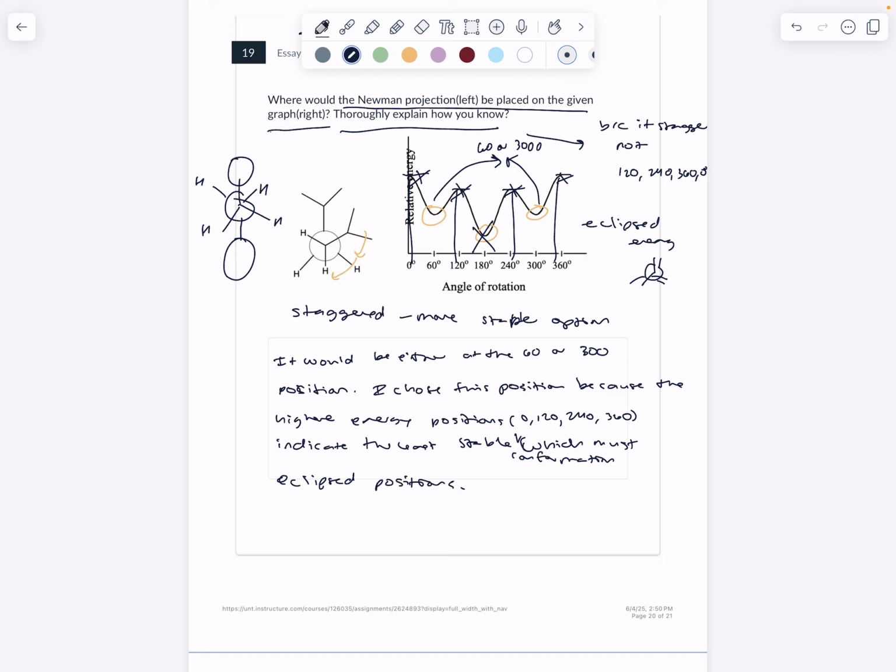You could include another sentence like the Newman shown is not eclipsed, so it can't be at those positions.